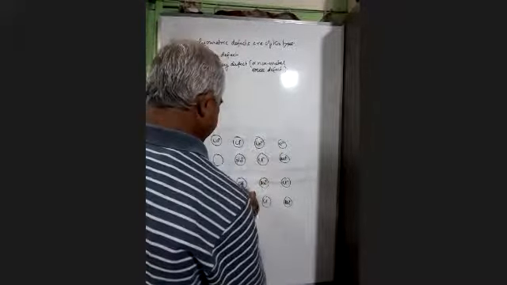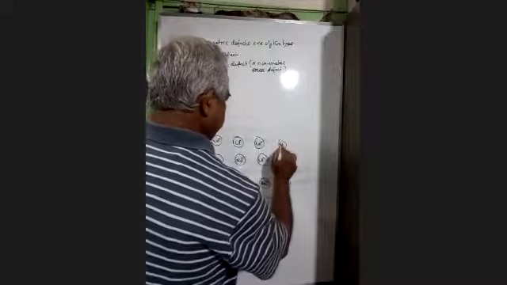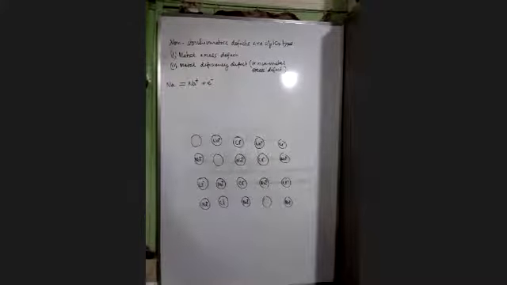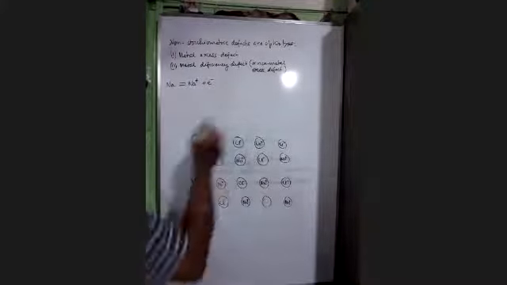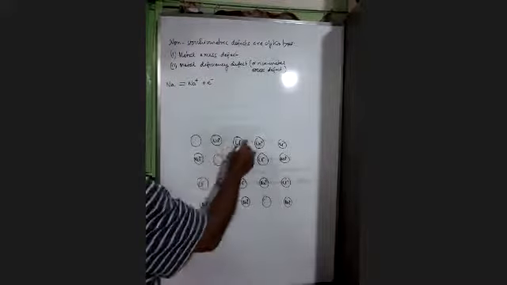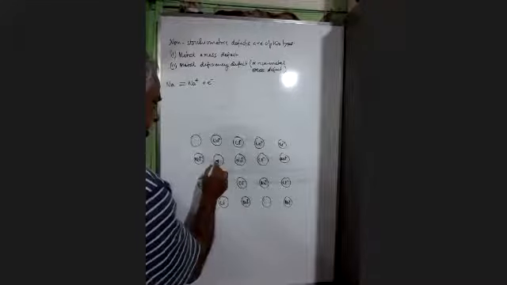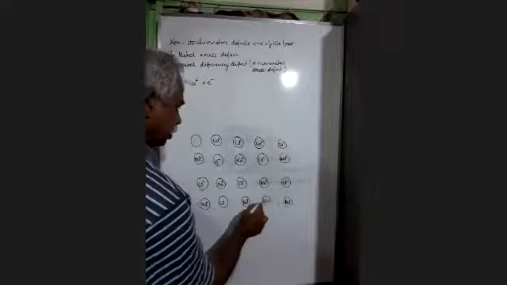Let me write chloride here. So this chloride has moved. When this chloride has moved, these places have become empty now. So in that case, you'll find the electron from the upper layer will diffuse and occupy those spaces.